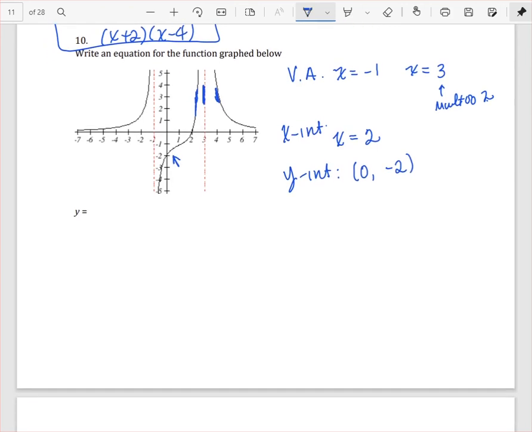Okay, so the setup will be a, on top you have x minus 2, and on the bottom you're going to have x plus 1, x minus 3 squared.